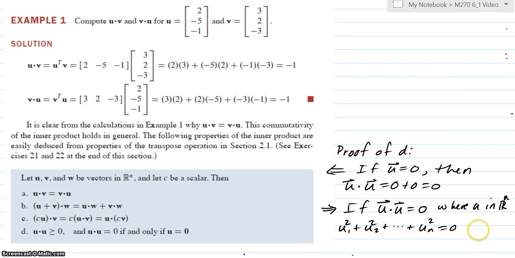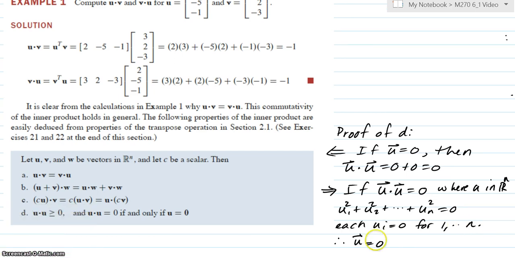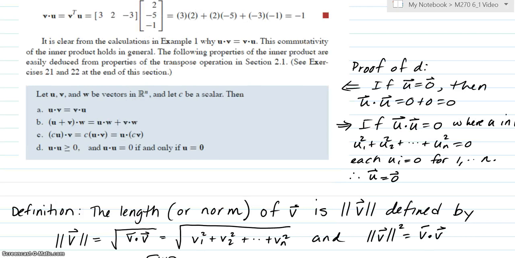That means, because all of them are positive, each ui has to equal 0 for i from 1 to n. So therefore u is 0. So this one's a vector, that one's not. So it's all correct. Now let's define the length, or sometimes called the norm, of v.